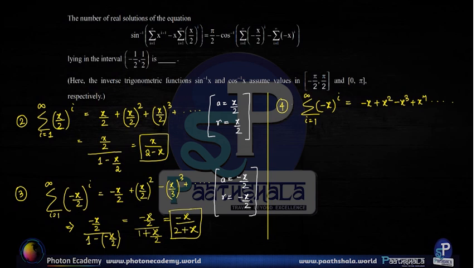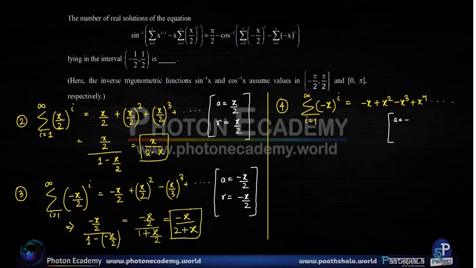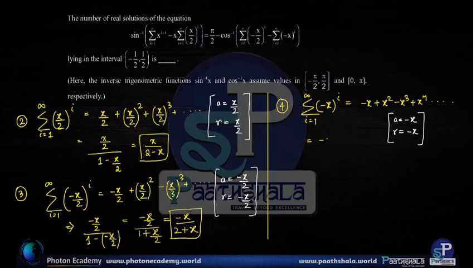Here a is equal to minus x and the common ratio is equal to minus x as well. So the summation is equal to a divided by 1 minus r, which is minus x divided by 1 plus x.